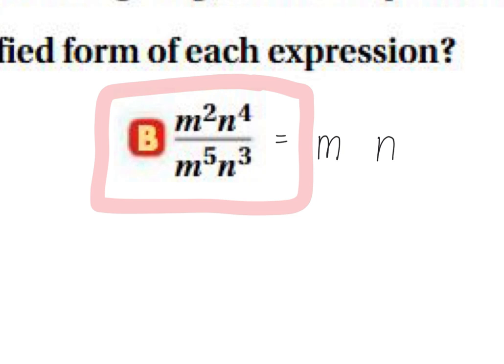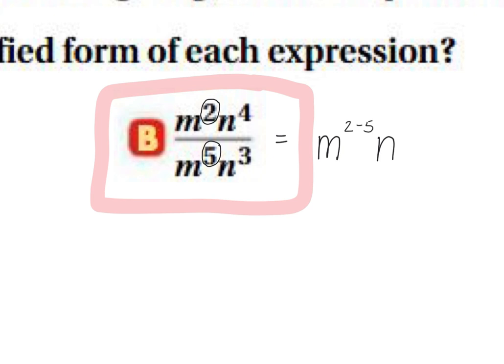So M, we're gonna start with the numerator exponent, is 2, right? So we're gonna take that 2 and just write it next to the M. What we're gonna do is we're gonna take the exponent on M in the denominator and subtract it from the one in the numerator. So this is gonna be 2 minus 5, okay?